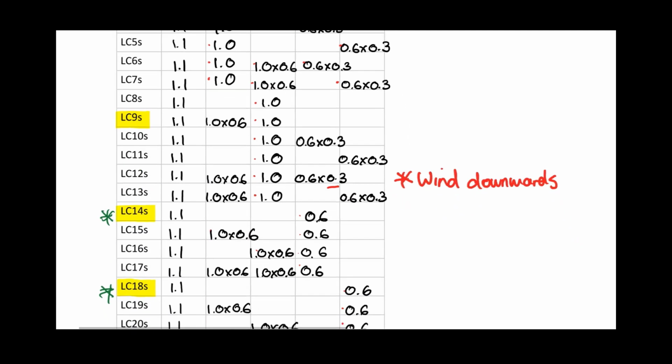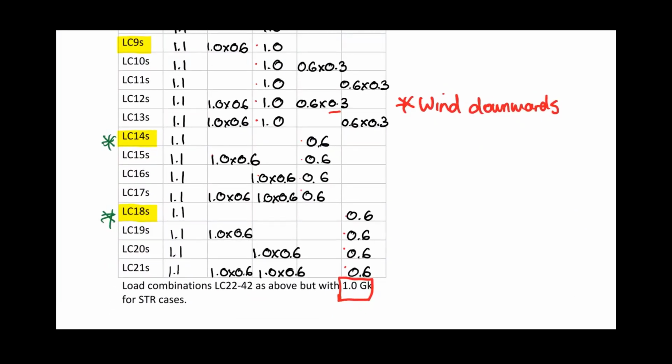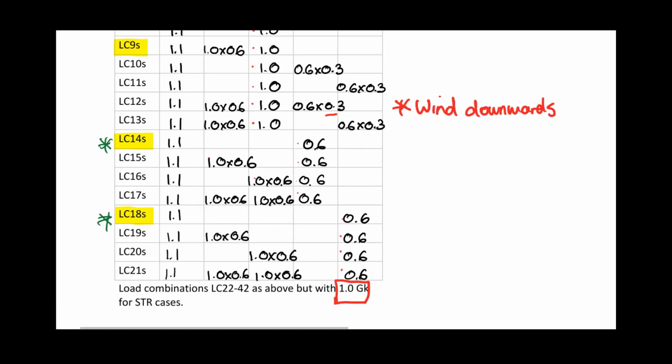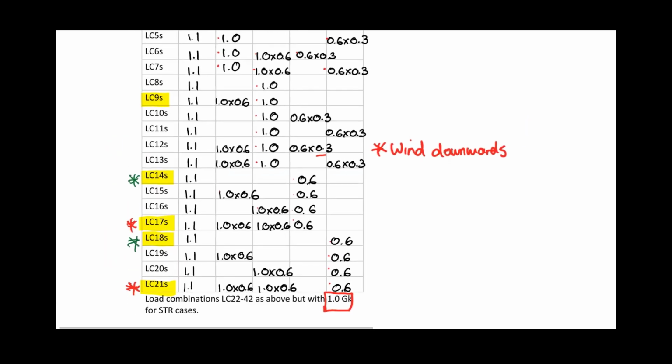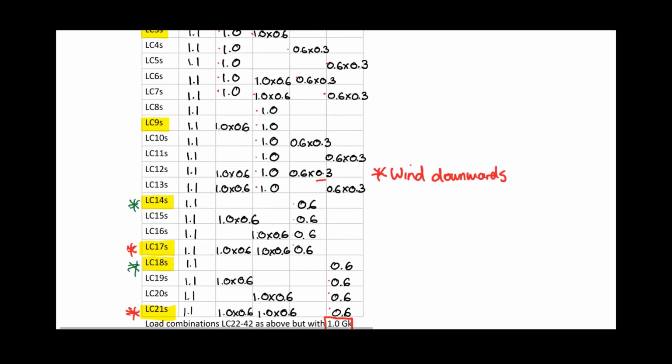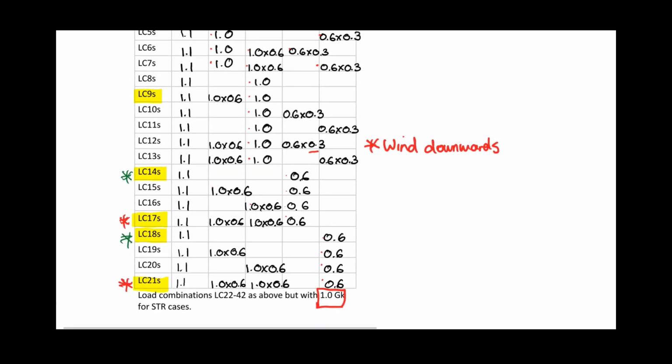I meant to highlight ones further down. This one or this one are likely to govern when there's a downward case. There could be others that could govern different parts of the structure, so I'm not saying these are everything, but it gives you a good quick overview of which combinations you would look at to get to the worst case load somewhere in your structure.